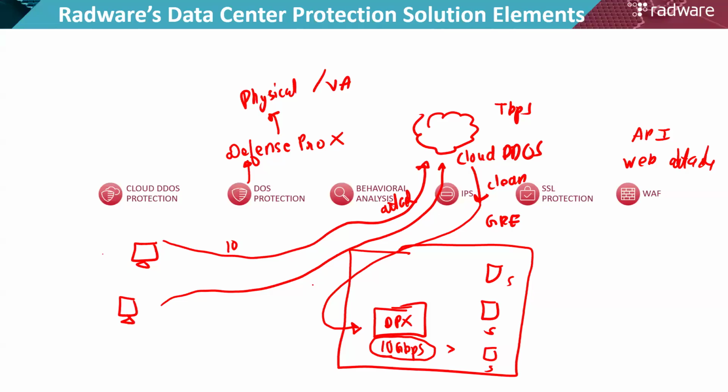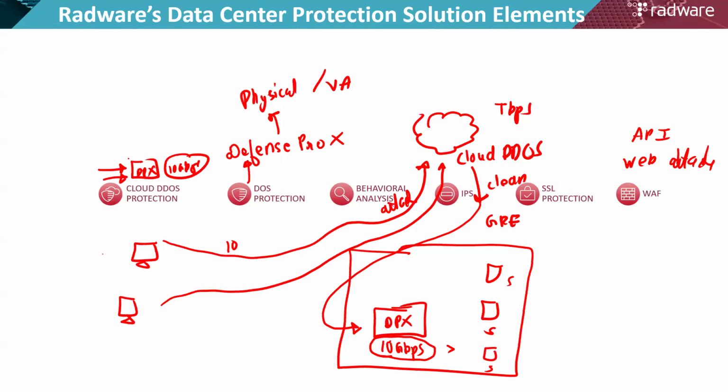So I just gave you an example of how we can use a hybrid solution wherein you can have a local Defense Pro device. It will tackle all the attacks up to its mitigation capacity, that is 10 Gbps. This is not fixed. Mitigation capacity changes from device to device. Let's suppose Defense Pro X10 will have 10 Gbps of mitigation capacity, Defense Pro X20 will have 20 Gbps.